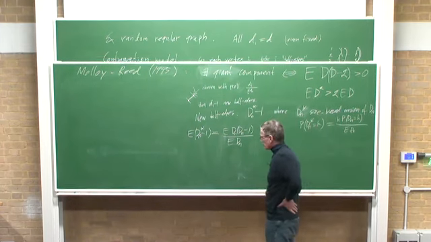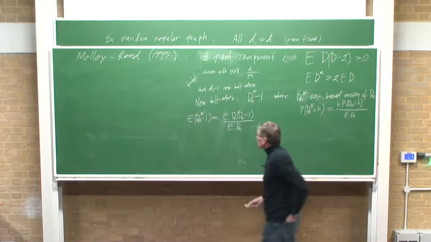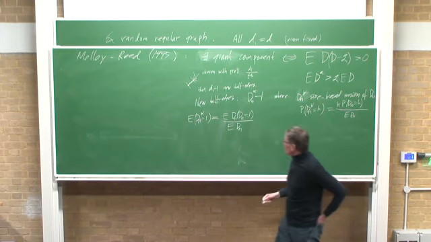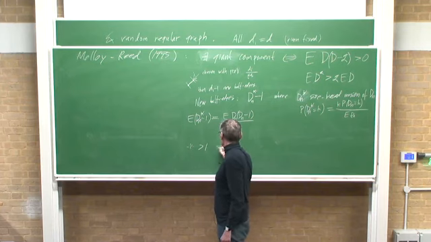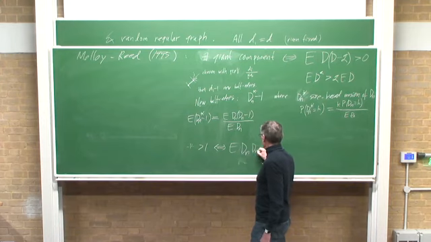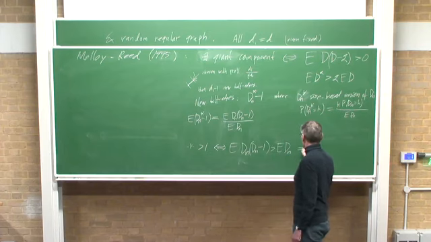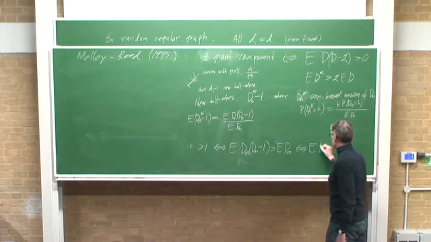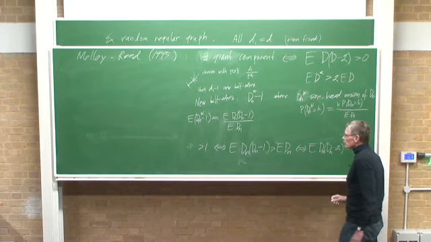So therefore, the crucial thing, as I said, is whether this is bigger than 1 or not. So this being bigger than 1 is equivalent to the expectation of D_n times D_n minus 1 being bigger than the expectation of D_n. Or if you subtract, you see expectation of D_n times D_n minus 2 greater than 0.